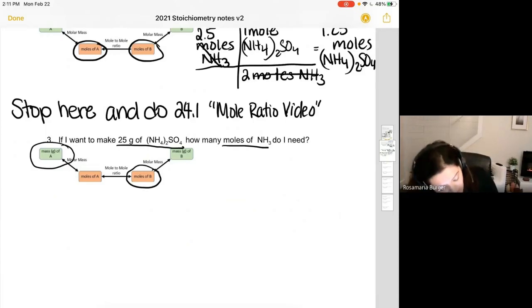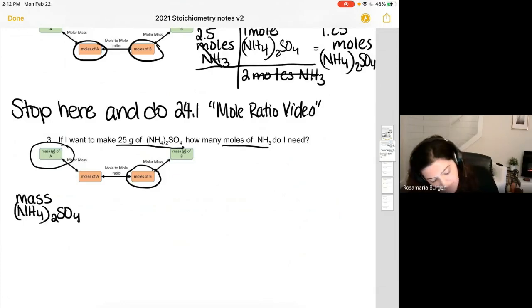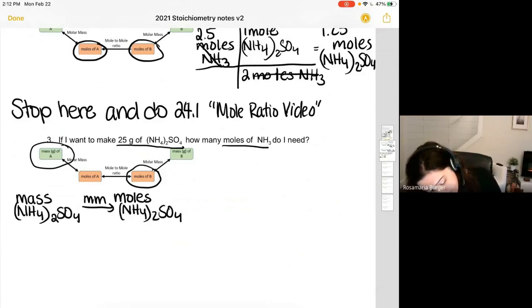If I can start with mass of (NH4)2SO4, I can use my molar mass to tell me how many moles I have. Moles of (NH4)2SO4. And then using my mole ratio, I can determine how many moles of NH3 I have.